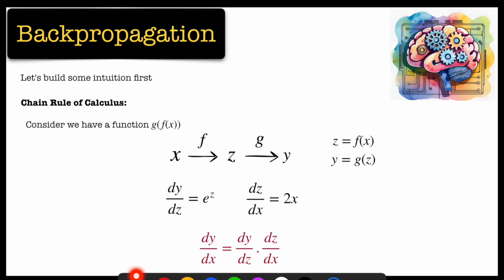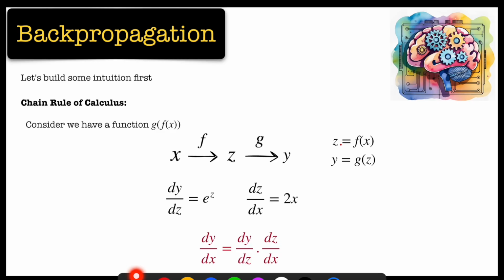Before going there, we'll build some intuition. We'll see the chain rule of calculus that we probably studied in school. Consider we have a function g of f of x. Let's say z is f of x and y is g of z.